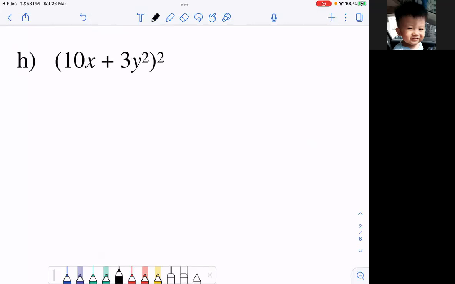What formula are we using? The first, right? The first I must recall is a squared plus 2ab plus b squared. Let's try to do it mentally. What is the first? There are 3 terms, right? What is the end result of the first term?